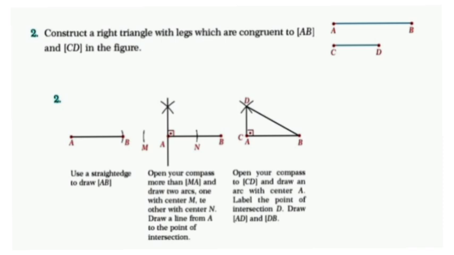Open your compass more than line segment MA and draw two arcs, one with center M, the other with center N. Draw a line from point A to the point of intersection. Open your compass to line segment CD and draw an arc with center A. Label the point of intersection D. Draw line segment AD and ray DB.